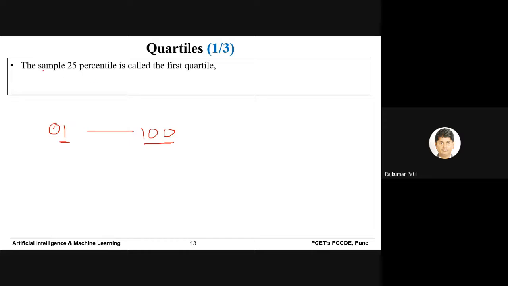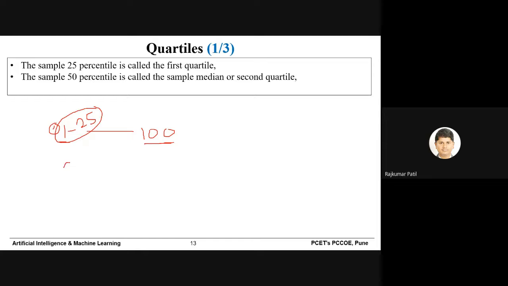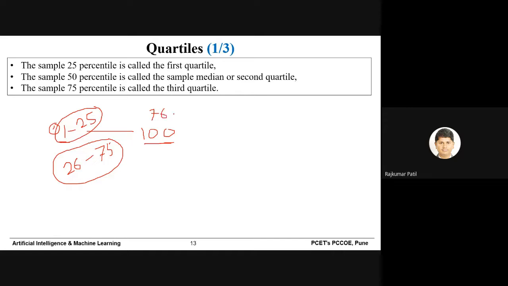So the first 25% is called the first quartile. So students who ranked between 1 to 25 will be in quartile 1. Then the students who rank between 26 to 75 will be in quartile 2. And the remaining students 76 to 100 will be in quartile 3.